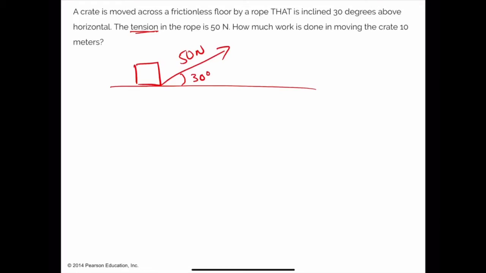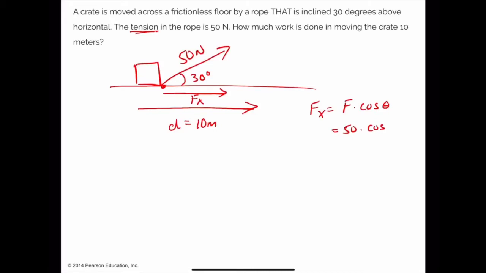So it's moving in this direction, so what was the distance? 10 meters. There we go, 10 meters. And so what I need to have is the amount of force that is in line with, or in the same plane as, the distance. So I need this force, Fx, right here. Well, Fx, as we know, is my force times cosine theta, which is going to be 50 times cosine 30.